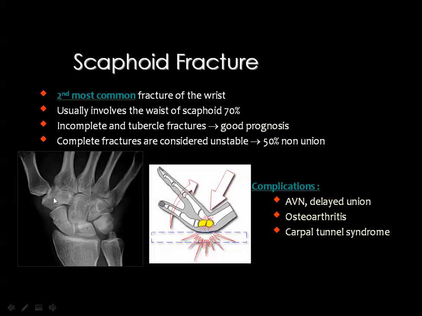The scaphoid fractures usually may show some complications like delayed union or the development of avascular necrosis, especially of its proximal pole, or may result in osteoarthritic changes due to non-healing, and also may be associated with carpal tunnel syndrome.